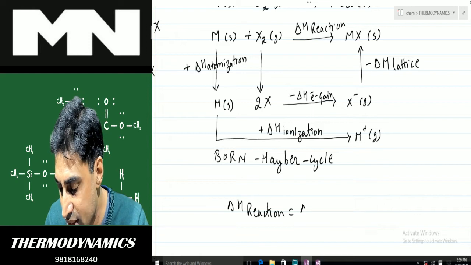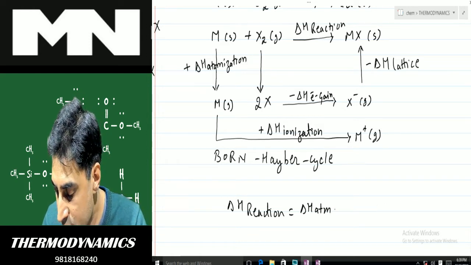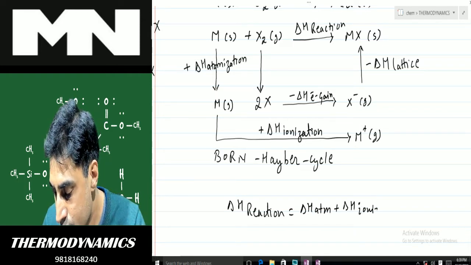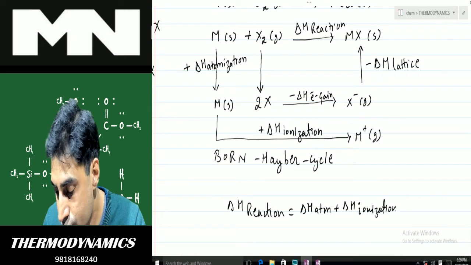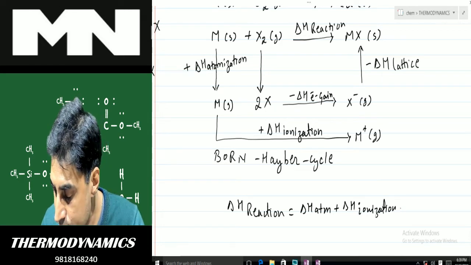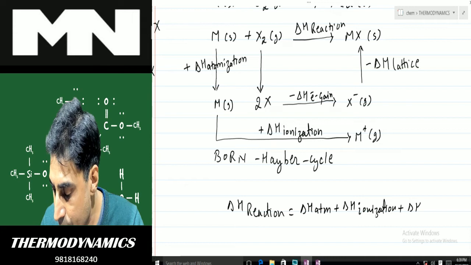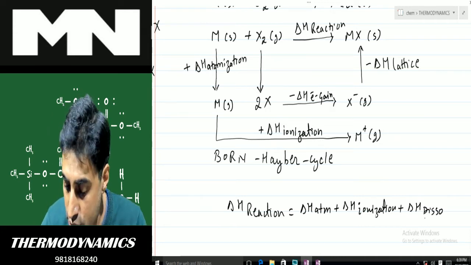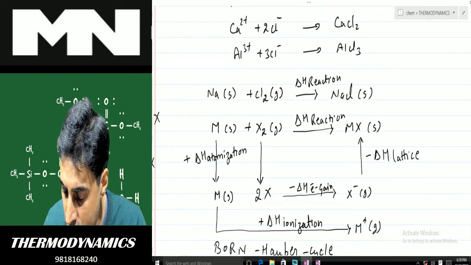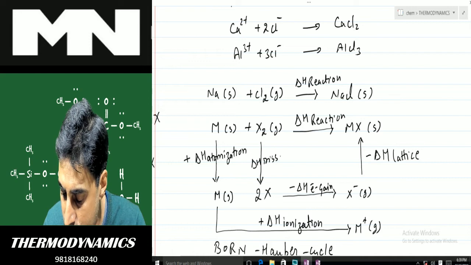And according to this, the enthalpy change of a reaction is equal to enthalpy of atomization plus enthalpy of ionization plus enthalpy of dissociation, which you can see here. I'll show you. Here we have used some energy, that is enthalpy of dissociation, and its sign is also positive.